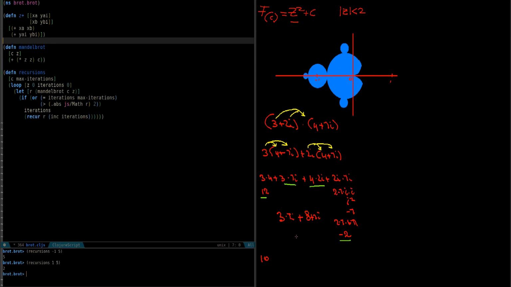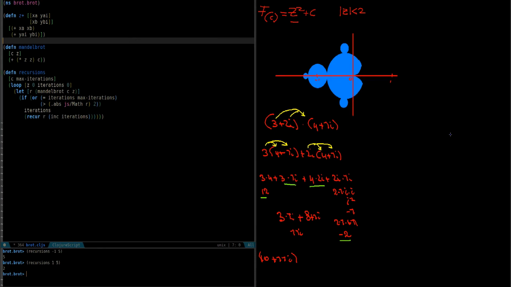And if I have 3 of one orange and 8 of one orange, that gives me 11 oranges. So this becomes 11i, which gives us 10 plus 11i. Which is the answer to this product.